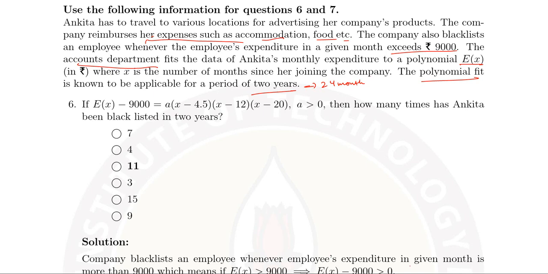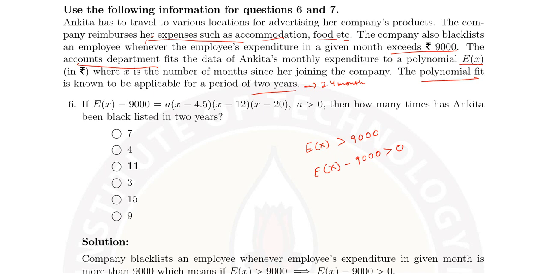The company blacklists an employee whenever the employee's expenditure in a month is more than 9,000. So when expenditure E of X is more than 9,000, in other words, E of X minus 9,000 is greater than 0. Okay.